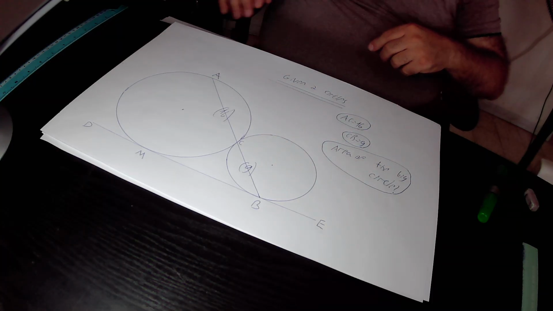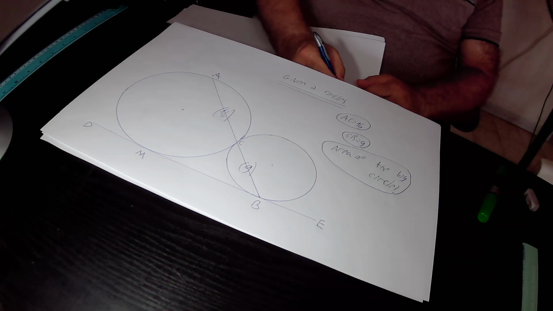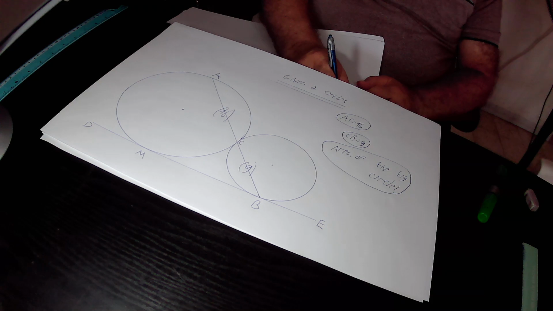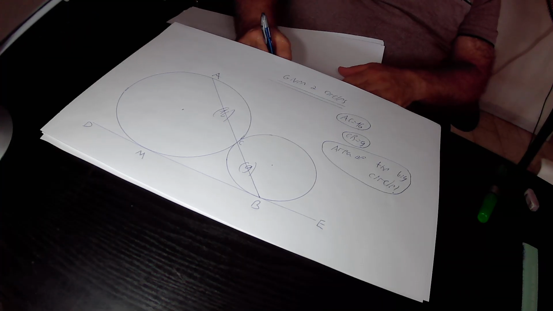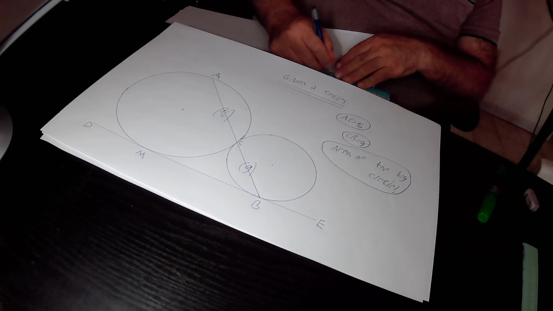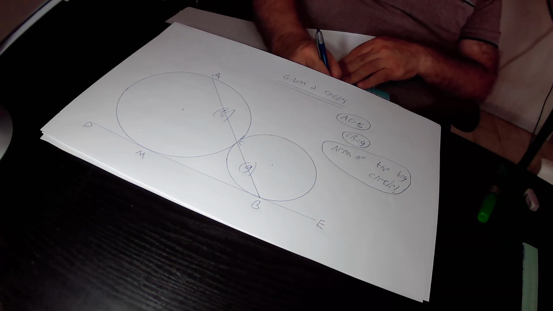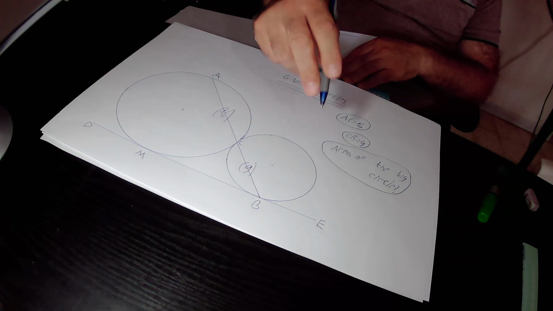So I'll write it down. From the common extreme point B, according to rule 10, the following equation is true: BM square equals BC times BA.